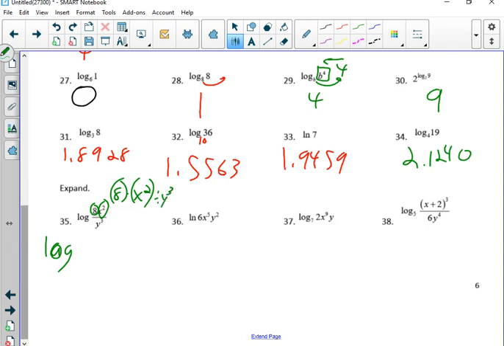This is going to be very important when we're expanding, because we're going to write log 3 times. Now it's log 8 times x squared. So that's going to be plus, times becomes plus. And remember, what happens to exponents? It moves in front of the log. And then division means subtraction. Exponent moves in front of the log.